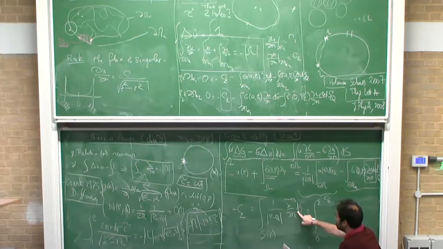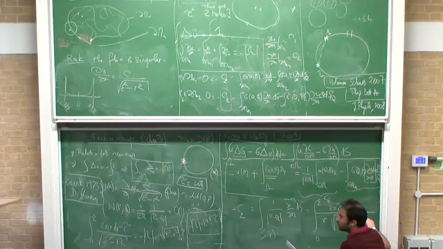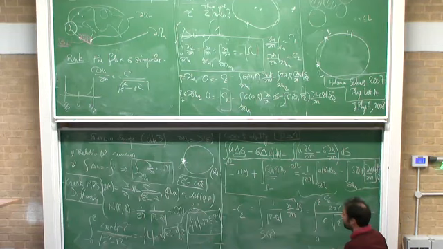Now we integrate over the ball, which is 2 pi r dr. Now this is 1 over r, because this is the distance. Then this is square root of epsilon squared minus r squared. Am I correct? No. And I forgot the C tilde.